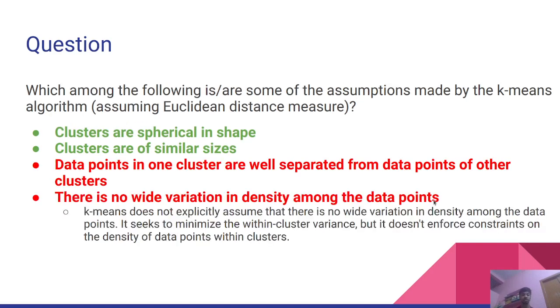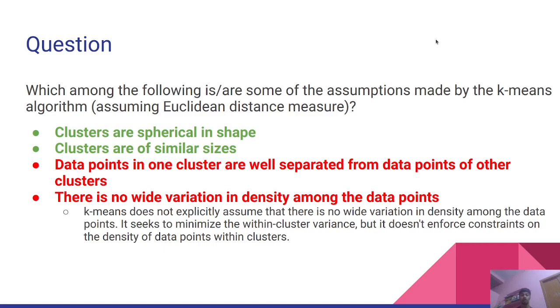Then the last option is also incorrect: there is no wide variation in density among the data points. Suppose in one cluster there are 10 points, and in another of similar size there are 100 points, so the density is much higher.